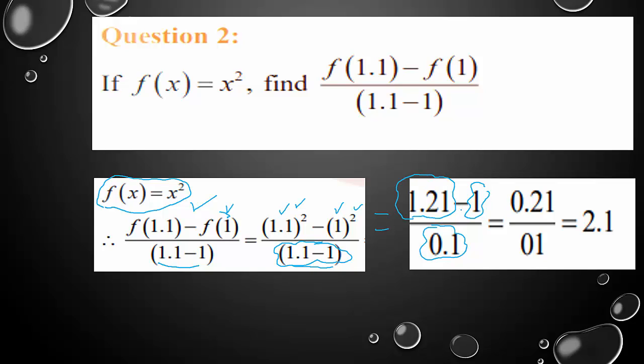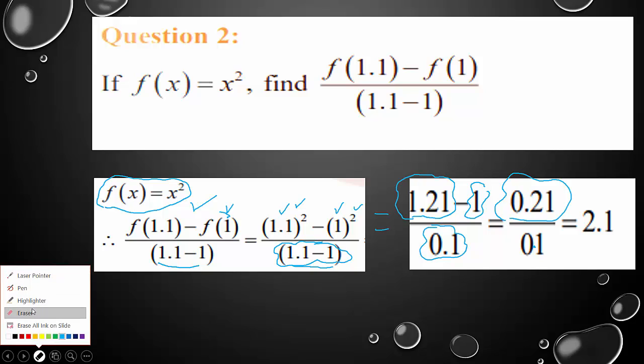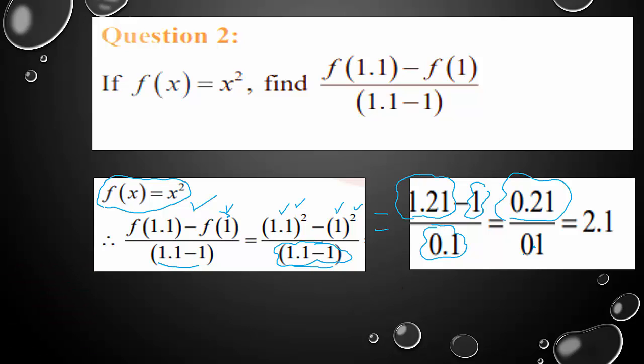So 1.21 minus 1 gives you 0.21, divided by 0.1. If you simplify 0.21 divided by 0.1, your answer is going to be 2.1. Clear, students? It was a very simple problem.